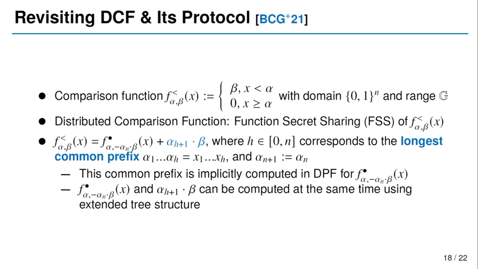And we can interpret the comparison function as the sum of a spatial point function and a prefix function. Here, the prefix function depends on the longest common prefix between alpha and x. And in the previous construction, this prefix function is implicitly computed in the DPF part for the spatial point function.